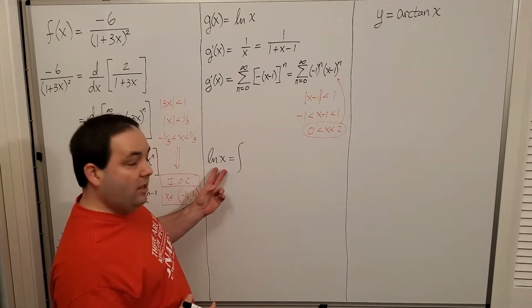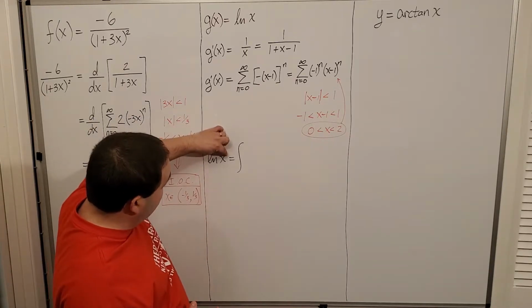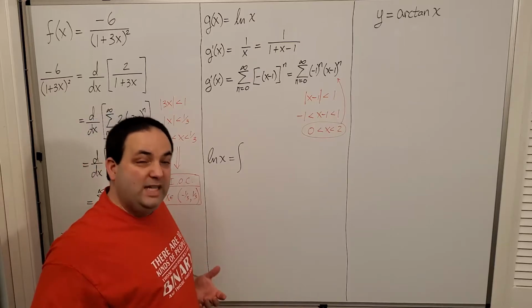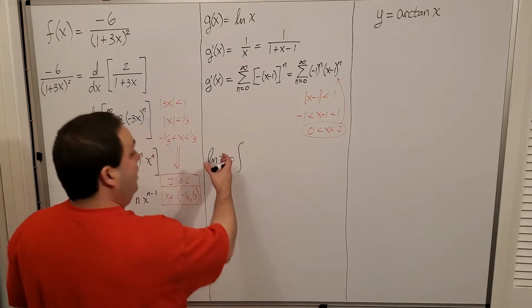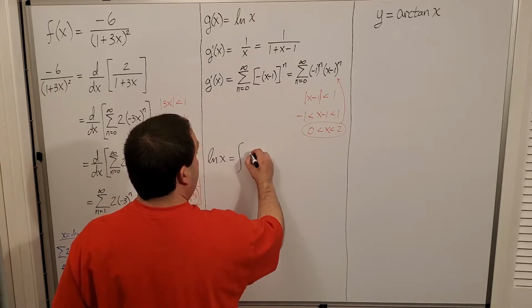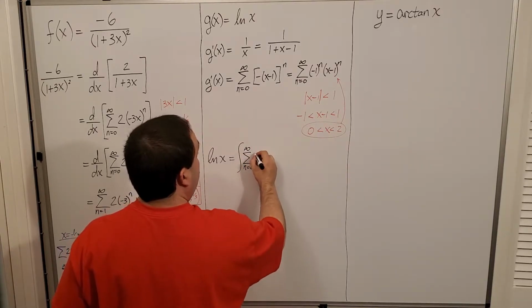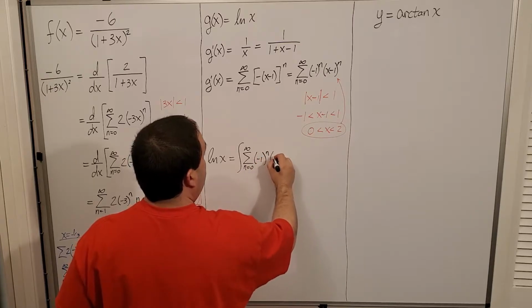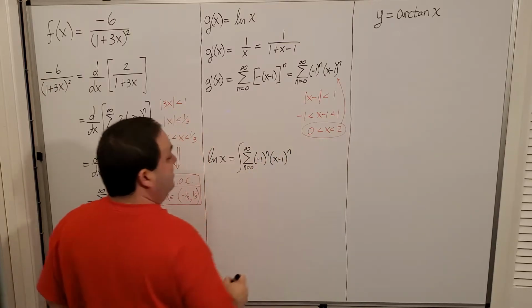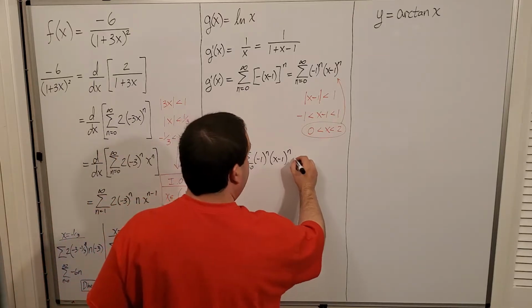It's whatever value it takes to cause the plus a constant to be 0. So when I do this antiderivative, I'm doing it of this series here: negative 1 to the n, x minus 1 to the n, dx.